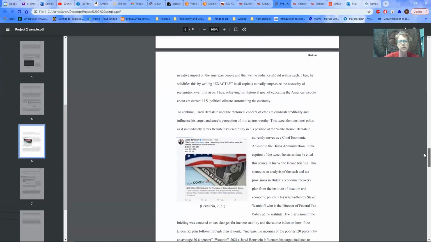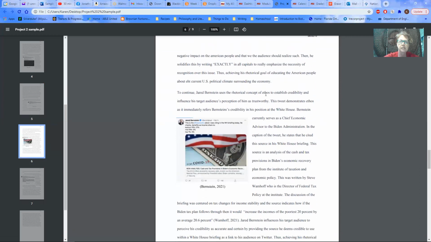Finally, down in this paragraph, she discusses the concept of ethos, which is establishing the credibility of this person to tweet on these subjects. So we want to know why this person is an expert on the subjects that he's tweeting about. You know, we don't want a doctor tweeting on political events, for example, right?